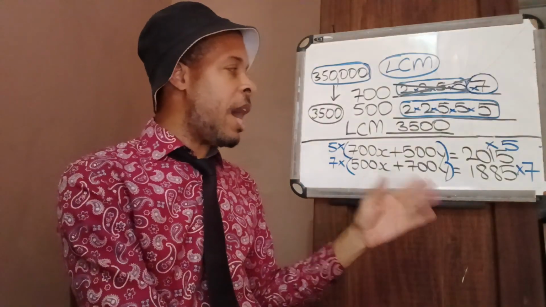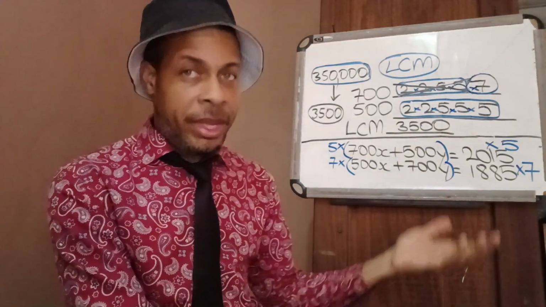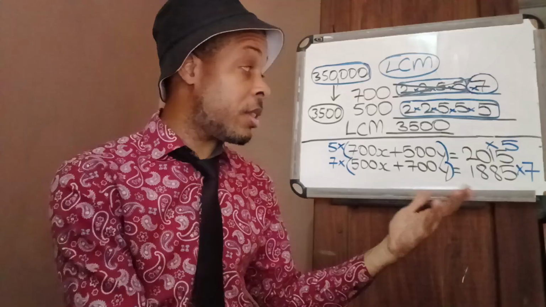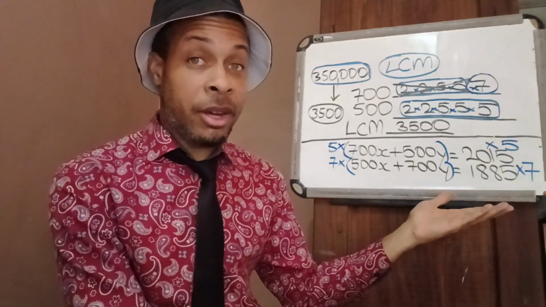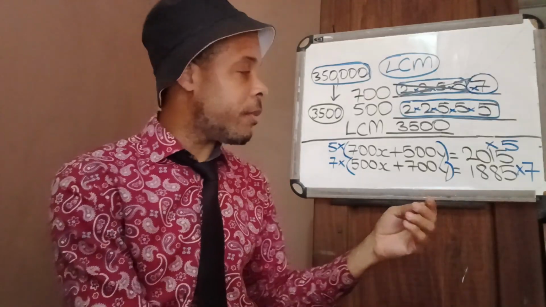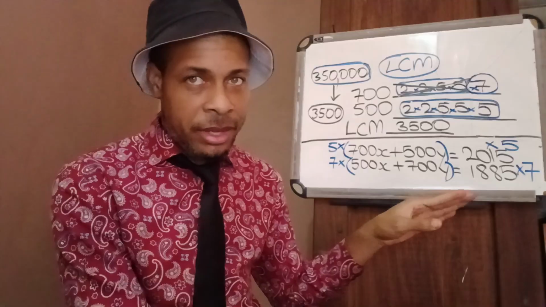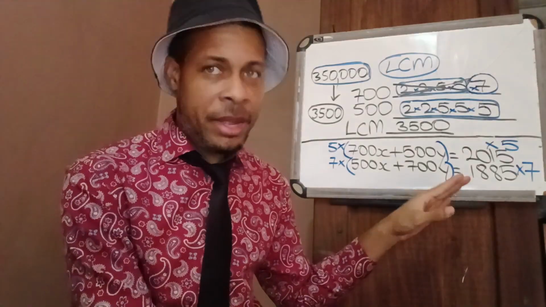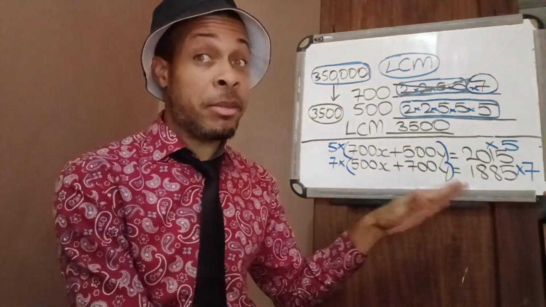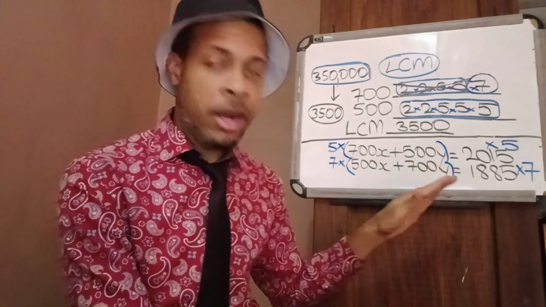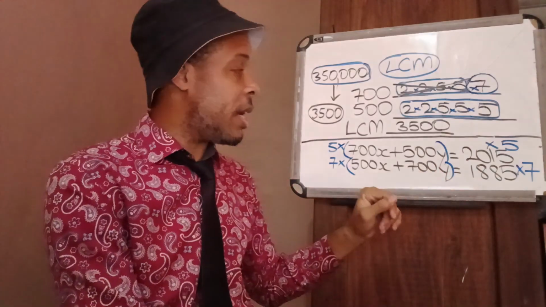The reason why I did that was because I wanted to show that decimals are fractions with a denominator that's a power of 10, right? That's what every decimal is. Every decimal is a fraction where the denominator is a power of 10.